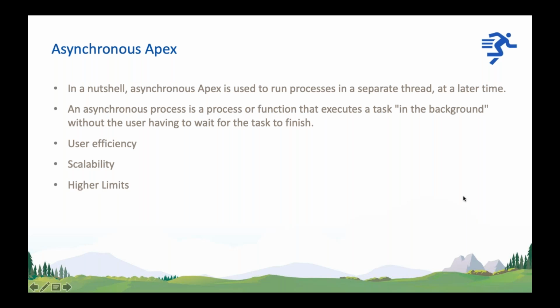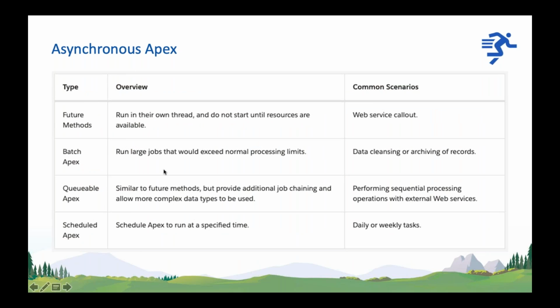So an asynchronous process executes separately, improves user efficiency, has scalability, and has higher limits, right? In asynchronous Apex there are four options: future method, batch Apex, queueable Apex, and schedule Apex.